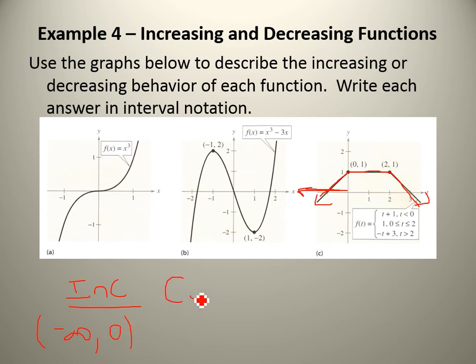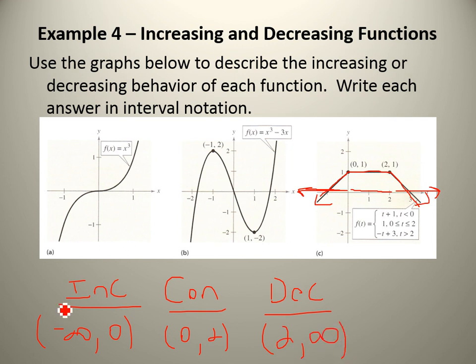Then the graph becomes constant, and the graph is constant from 0 all the way to 2, and then the graph decreases. And this graph decreases from 2 all the way to +infinity.